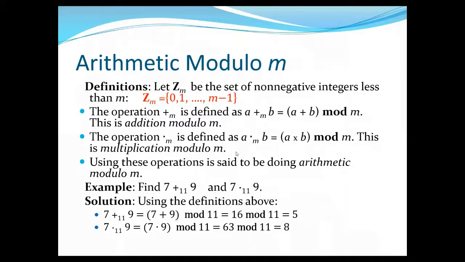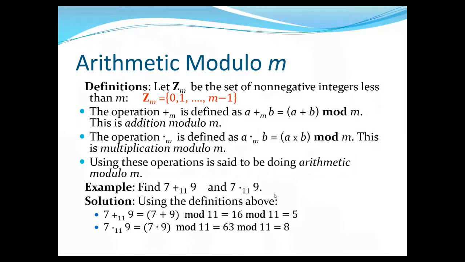This is how we evaluate this equation. For example, we have 7 plus modulo 11 of 9, and 7 times modulo 11 of 9. Using the definition above, we first add 7 plus 9, and then the result will be divided by 11, and the remainder is 5.